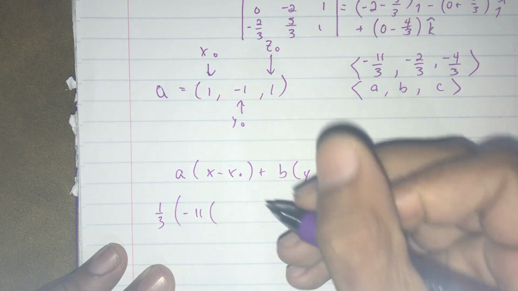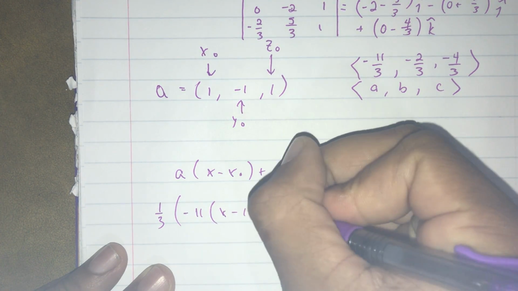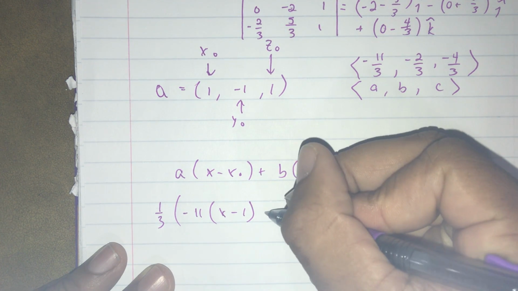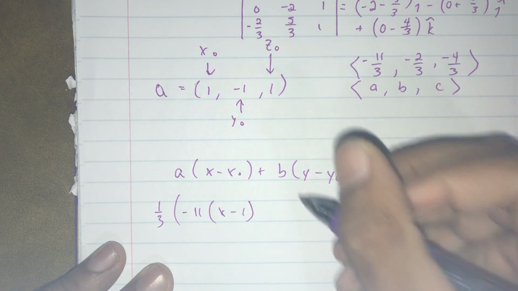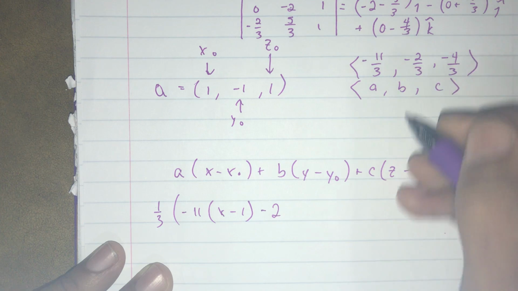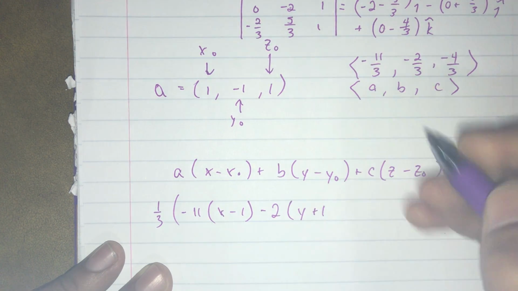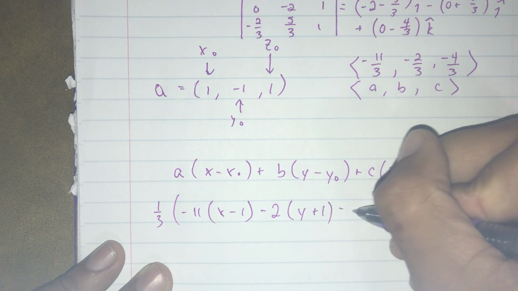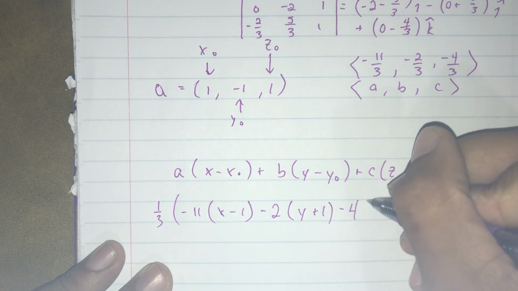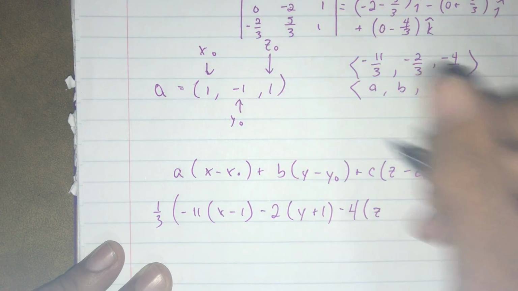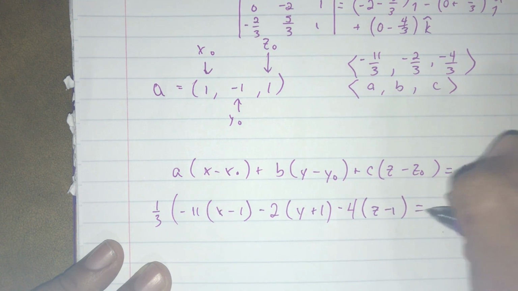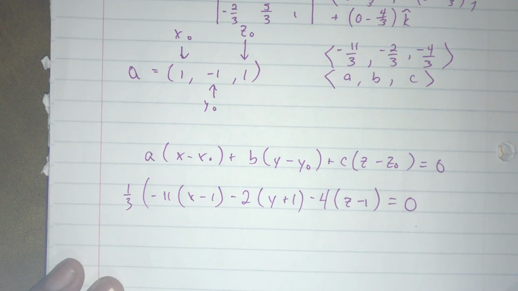So -11 times (x - 1), and then minus 2 times (y + 1), since y naught is -1, minus 4 times (z - 1) equals 0. And that is going to be the formula for our plane.